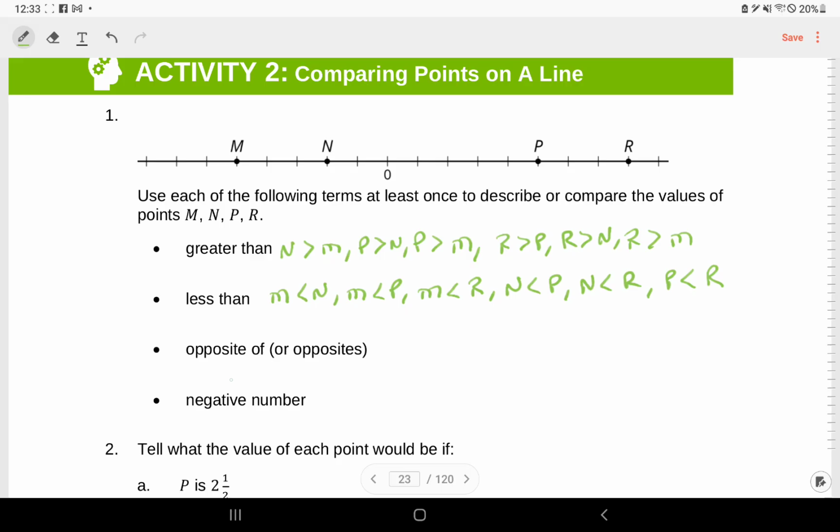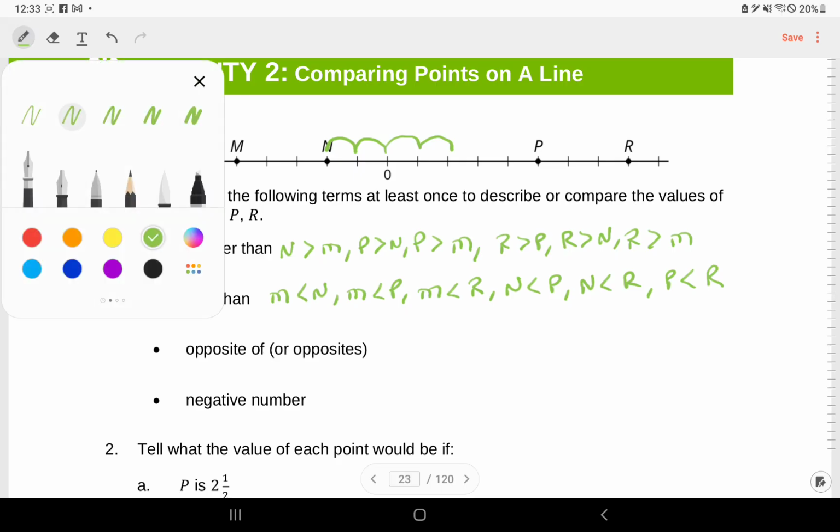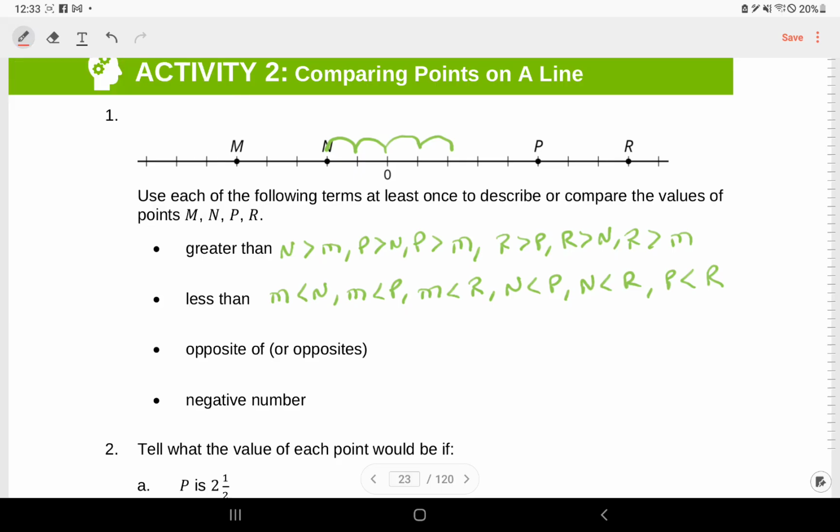Now, name a pair of opposites. Well, if we look at N, that's 1, 2. So N doesn't have an opposite. 1, 2, 3, 4, 5.